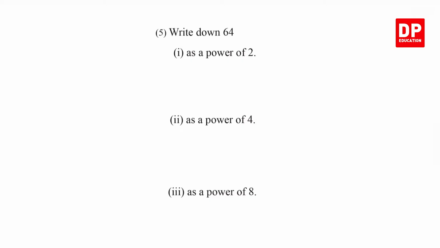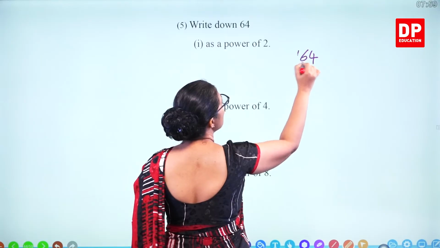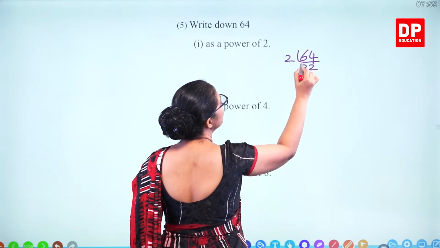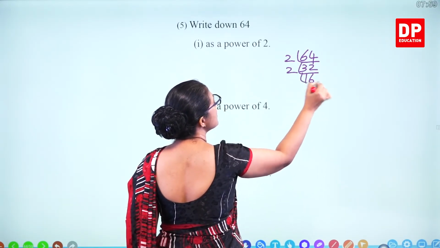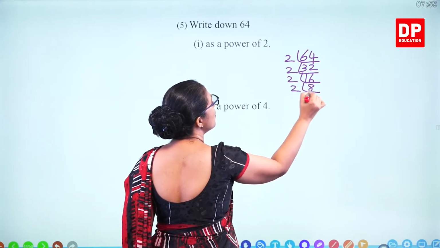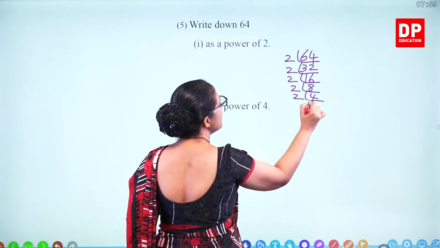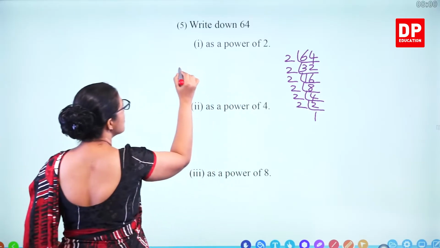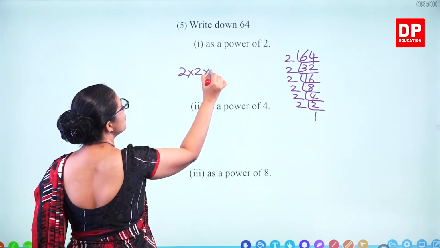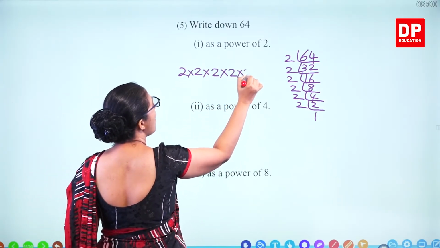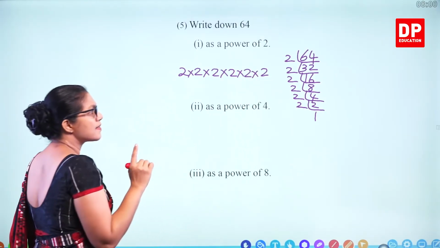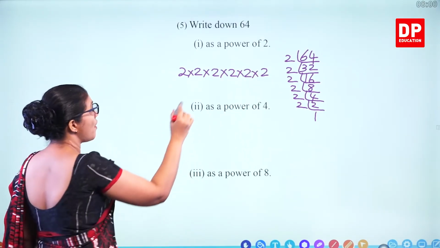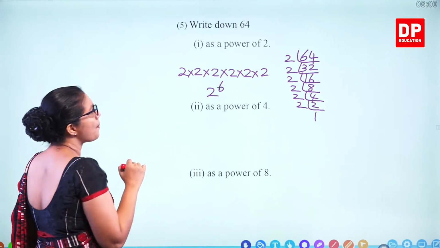Write down 64 as a power of 2. Divide by 2 and see. Divide by 2, you get 16, again 2, again 2 and 2. How many 2's? 1, 2, 3, 4, 5, 6. 6 2's are there. So 2 to the power of 6.